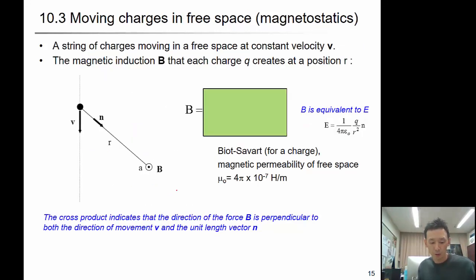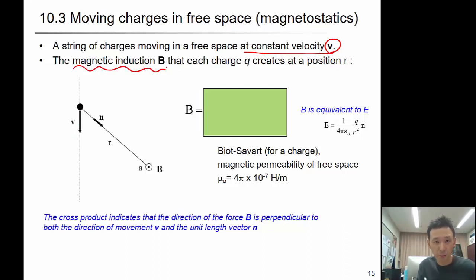And now we can consider a charge that's moving at a constant velocity V. So it's like a charge moving in an electric wire, like current. So current is actually the charge density moving at constant V. And because it's moving, magnetic induction is generated.